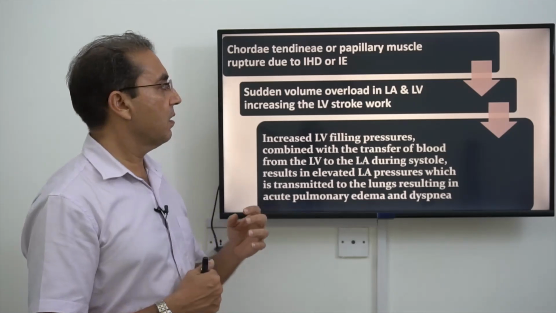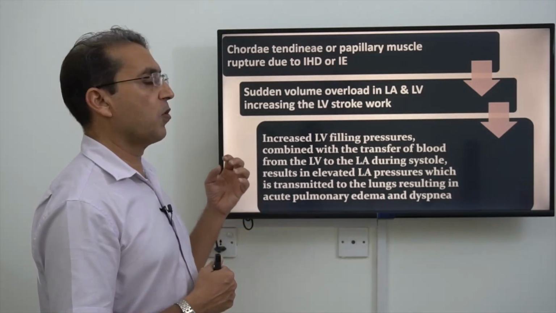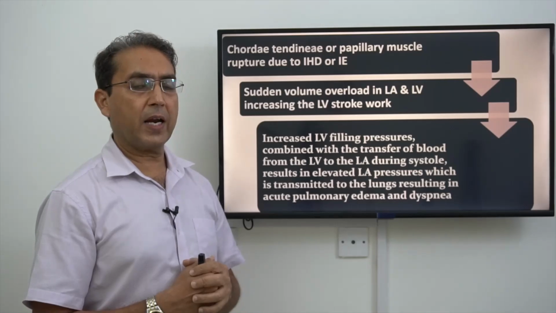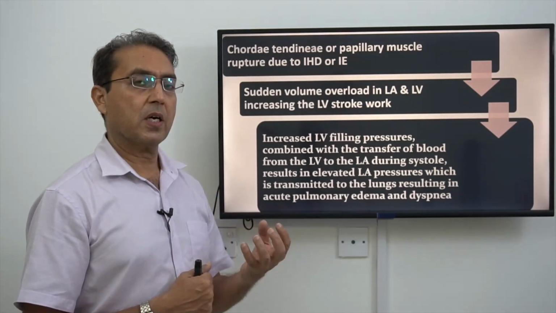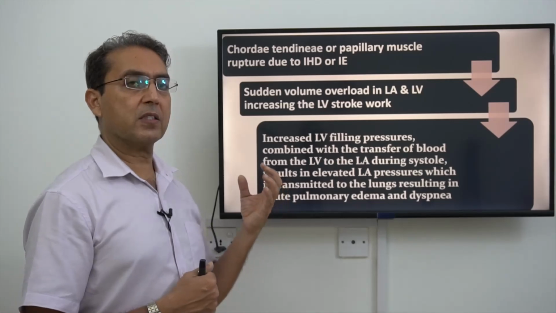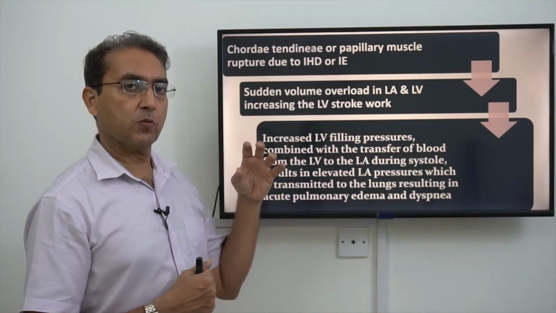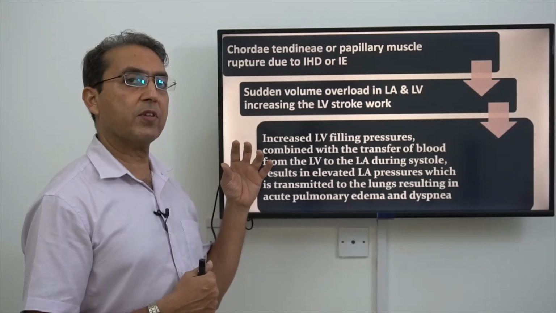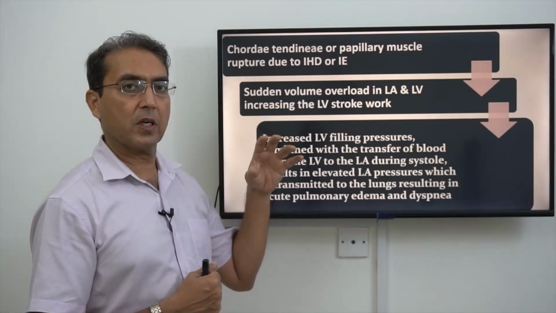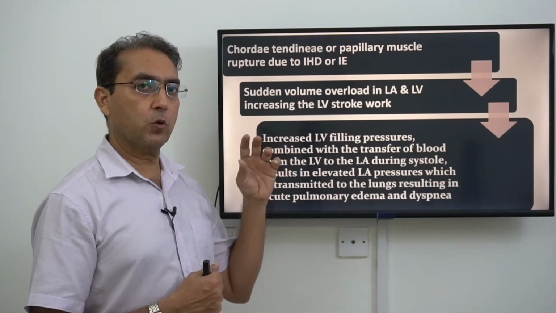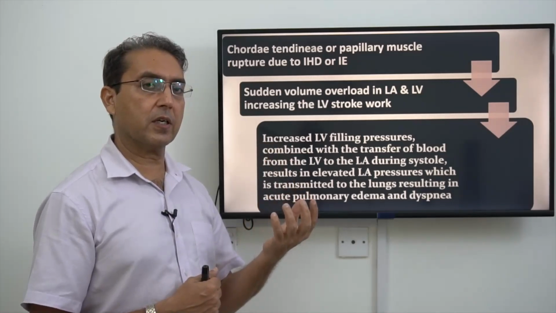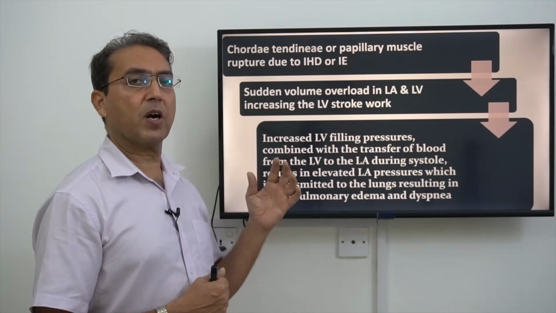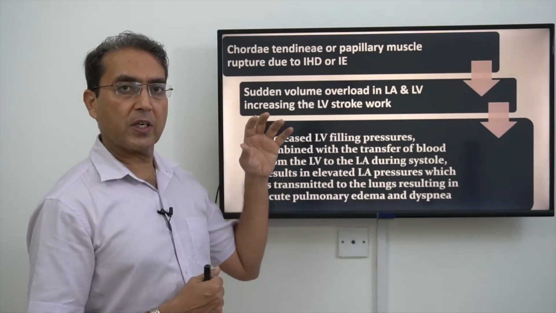So the patient has an acute, sudden volume overload in the left atrium and left ventricle, because the blood is moving back into the left atrium, and that blood is combined with the blood which is coming from the pulmonary circuit. So in the left atrium we have two sources of blood, the blood which is regurgitating from the left ventricle and the blood which is coming out of the pulmonary circuit.